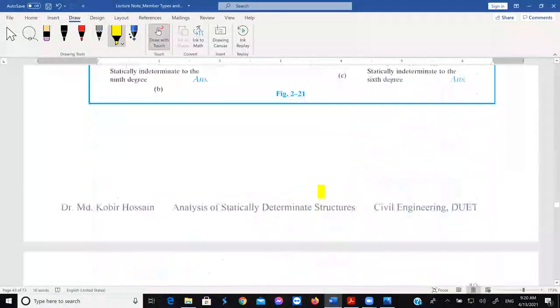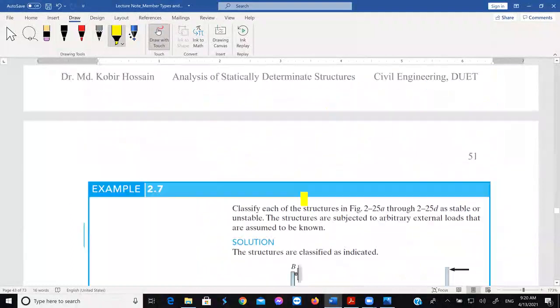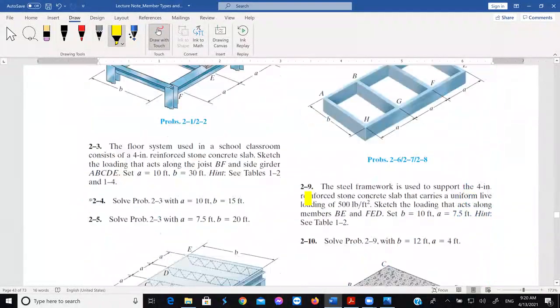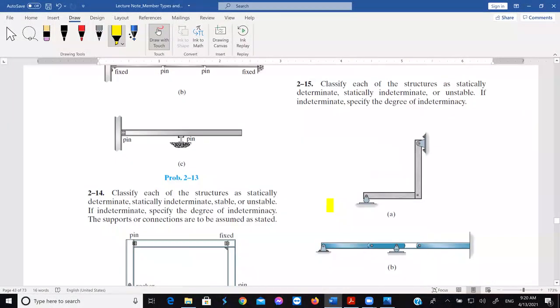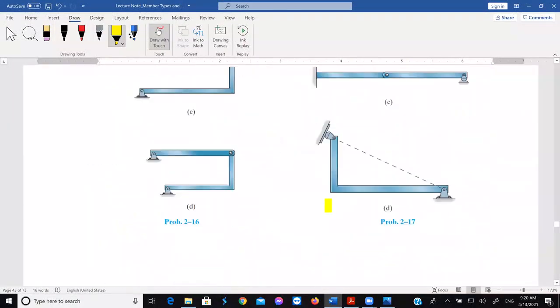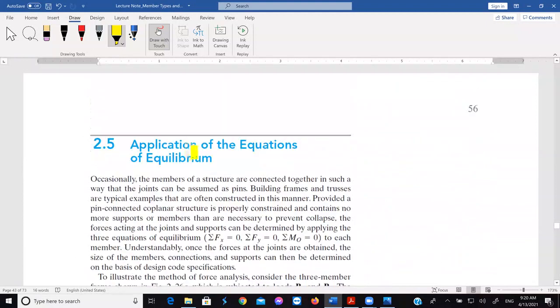Now I will move to the discussion on the use of equilibrium equations to determine the reactions from external forces. If we apply some forces on our structure, then to determine its internal effects, we must first determine the reactions at the supports for those external forces.